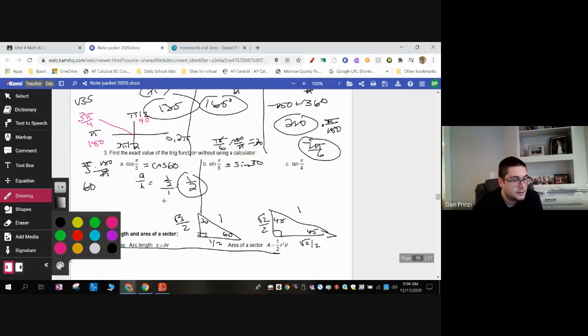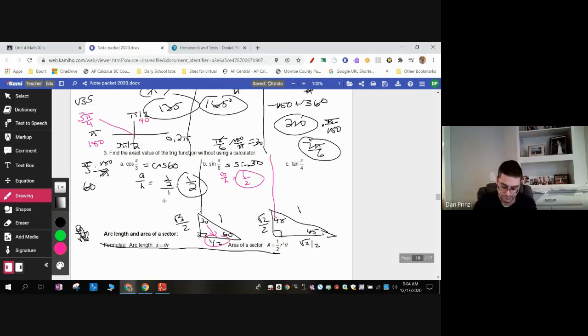Sine of 30 is opposite over hypotenuse from 30, so that would be a 1/2 as well. Okay. And last, tangent of pi over 4. This one you should probably just know. But again, we can do the conversion, but what do you think pi over 4 is? Good to guess.